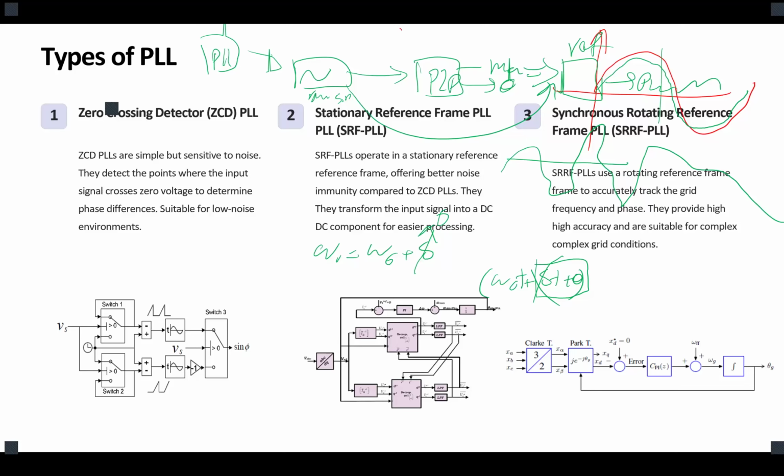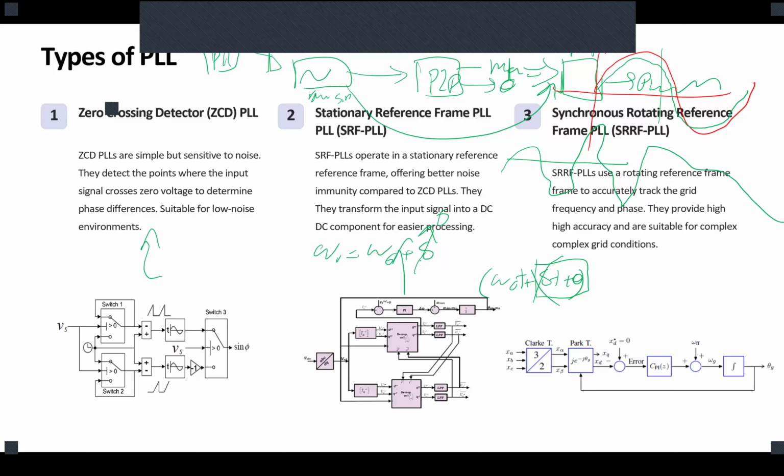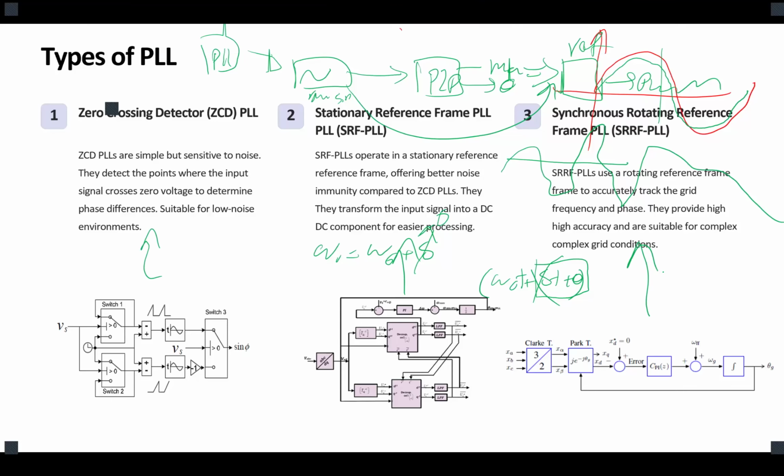Yeah. This is the zero crossing detector. This is the SRF PLL. This is the SRRF PLL. Now we said that the first component in our PLL is the phase detector. We have several technologies or methodologies to detect the phase of our inverter.